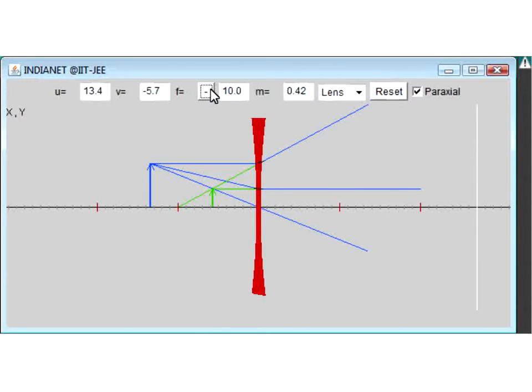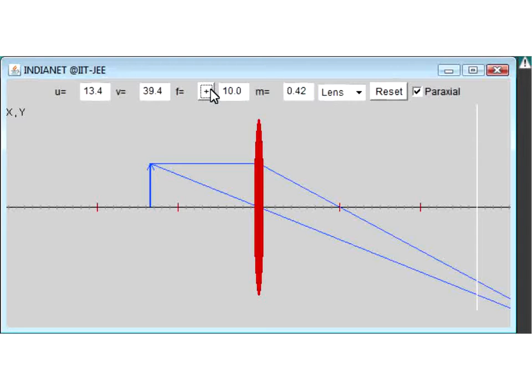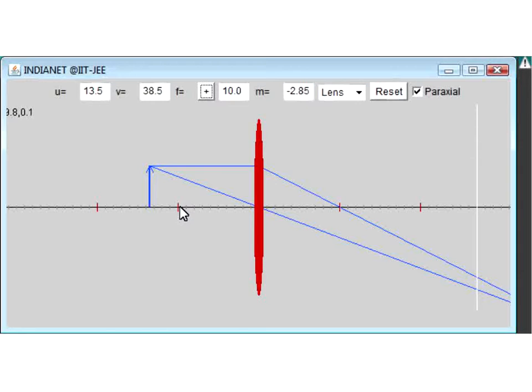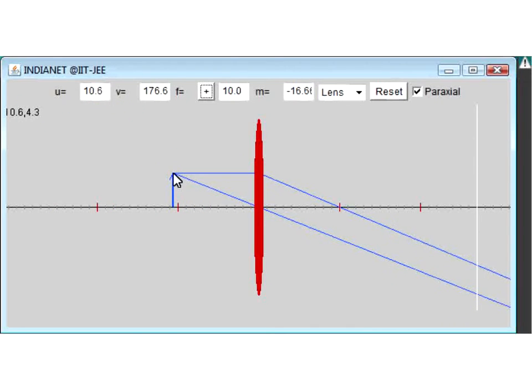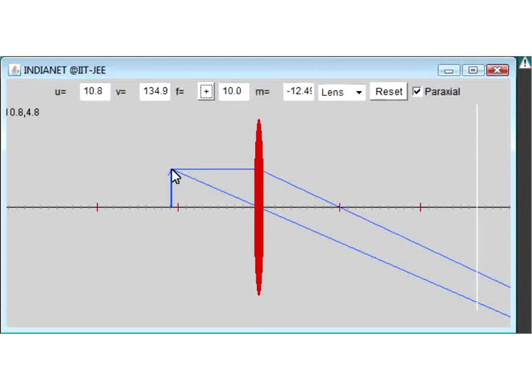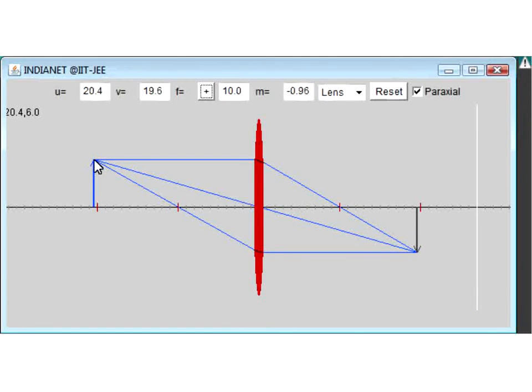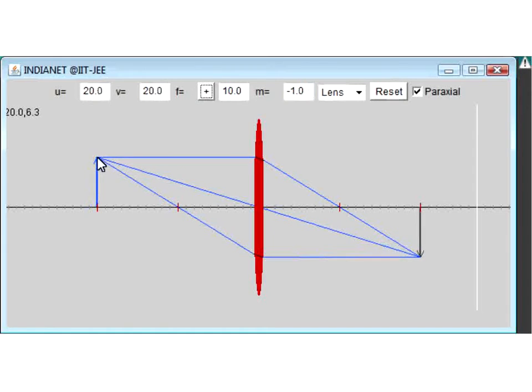Let's now make it biconvex. Now some points are important, F, then this point. Let me take it beyond 2F. At 2F, you will find same size, opposite.